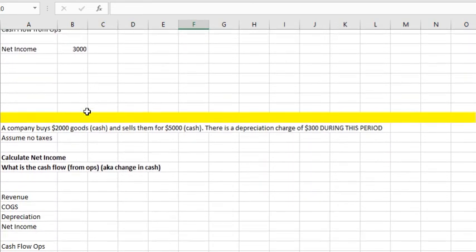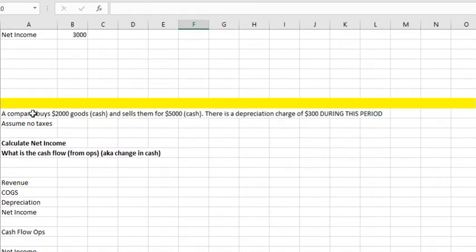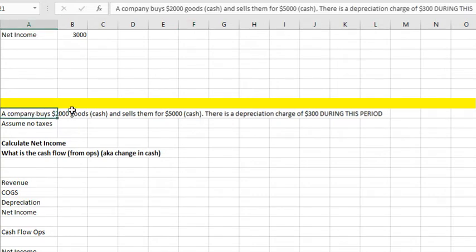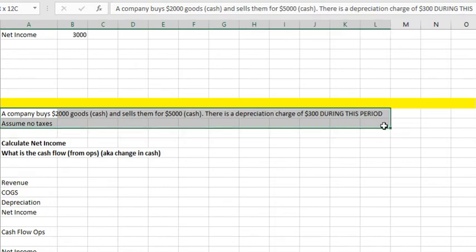Now let's look at a case where we have almost exactly the same question, where the company is still buying $2,000 of goods in cash and selling them for $5,000 cash, and the depreciation charge during this period is $300. If you look at just this, you are going to realize that the cash inflow is still $3,000, and let's calculate it in the accounting way.